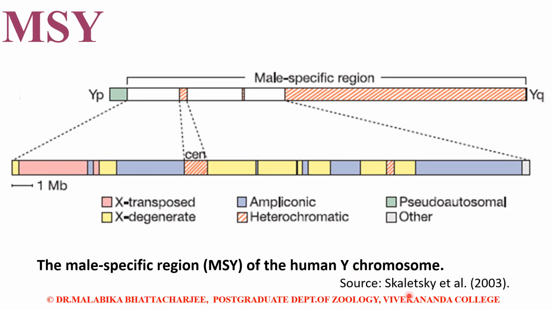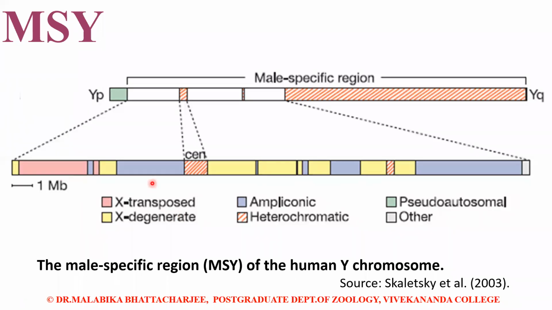So this was work done by Skaletsky in 2003. So it has been seen that the MSY, now this MSY has been zoomed out. This male specific region has been zoomed out, and if you look into the colors, let us identify the colors first. So this cream peach color is the X transposed region.